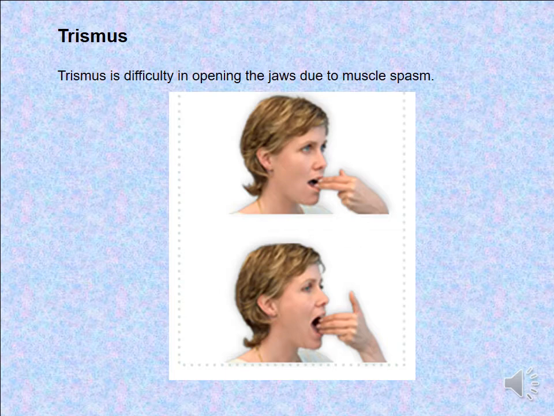Trismus. What does trismus mean? Trismus means contraction of the skeletal muscle in a very strong way. So trismus is difficulty in opening the jaw due to muscle spasm, mainly of the muscles of mastication. You have four very strong muscles, and any contraction of one or more groups of muscle leads to trismus.